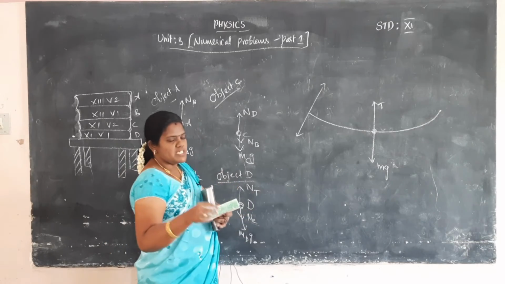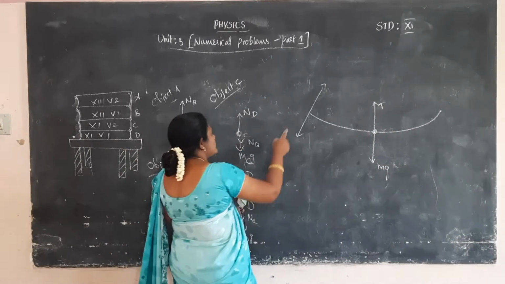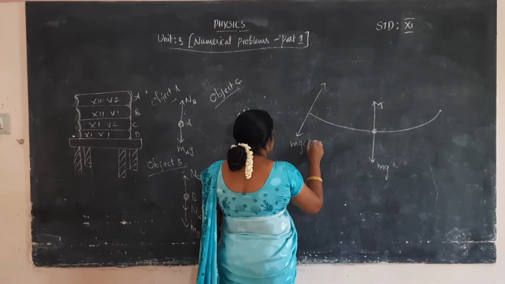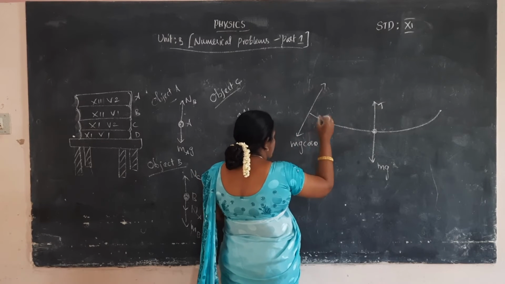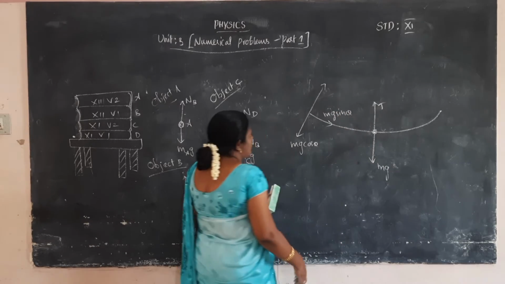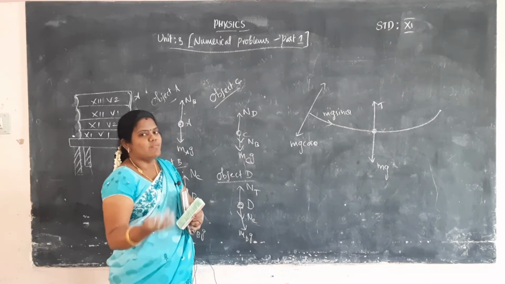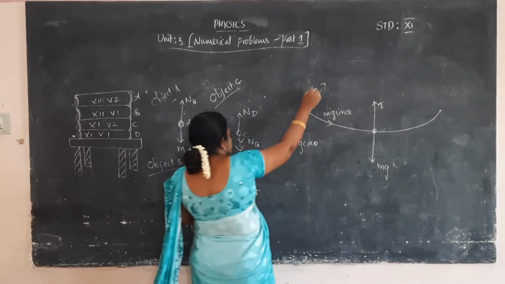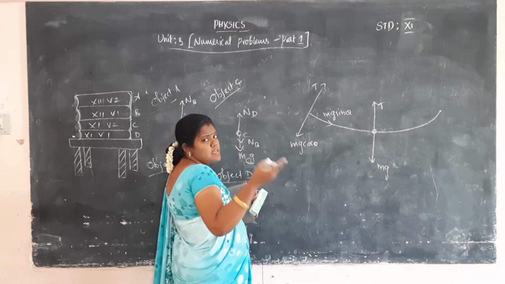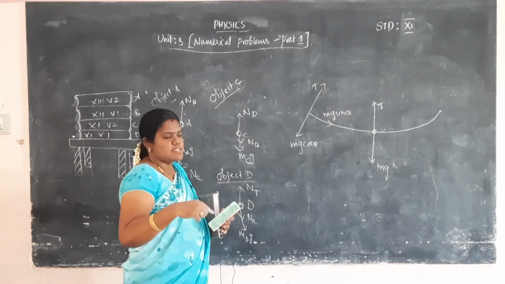But the weight of the object is mg. The component parallel to the string is the mg cos theta component, and the other component is mg sin theta, because it is perpendicular to the tension. This is the tension. The component parallel to the tension is cos theta, and the perpendicular component is sin theta.